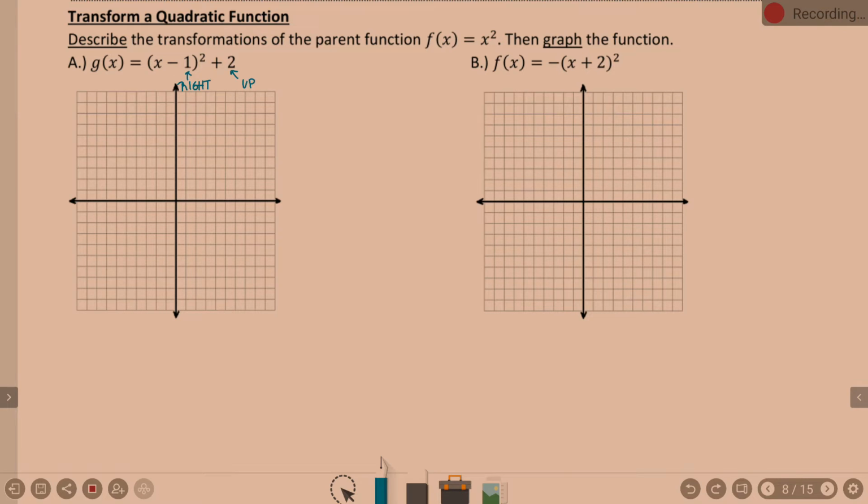Now, if we describe those in official words and sentences, which you guys did a pretty good job on the test about this, what's the best vocabulary word we're going to use? Translated.